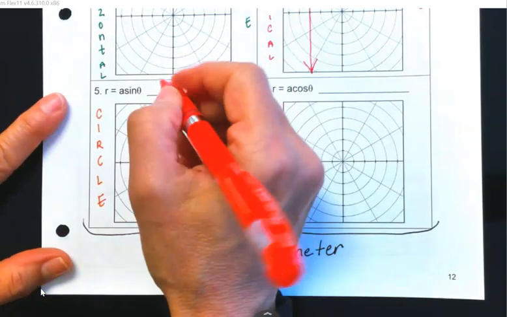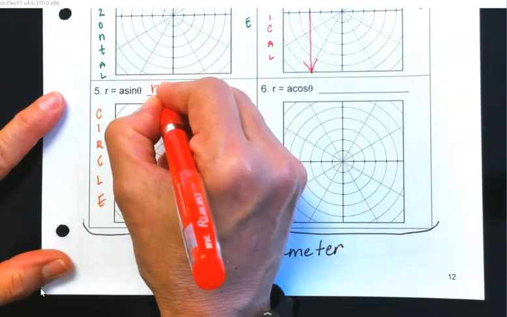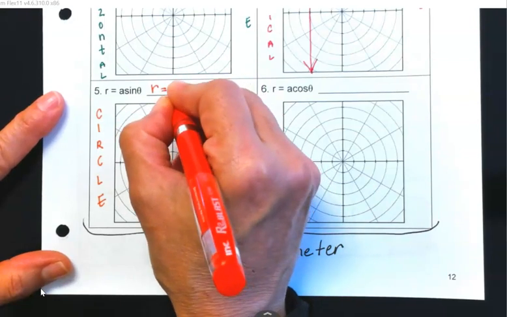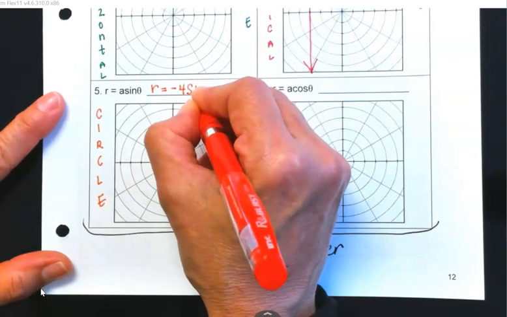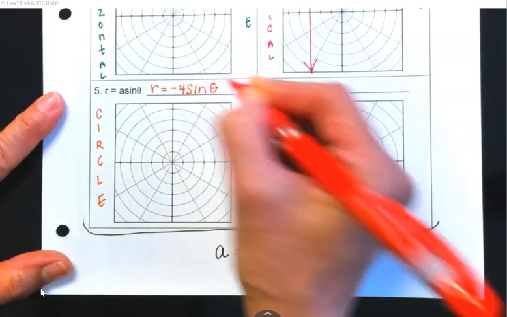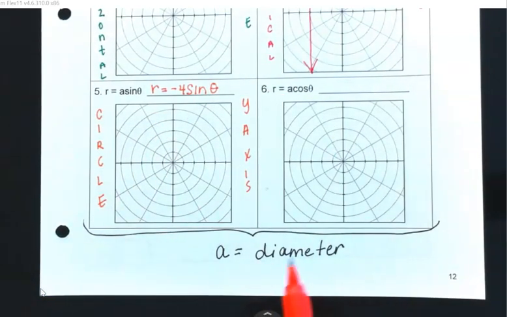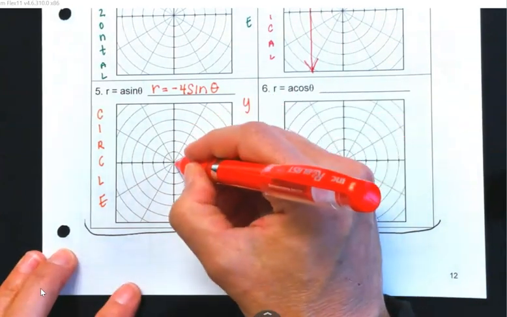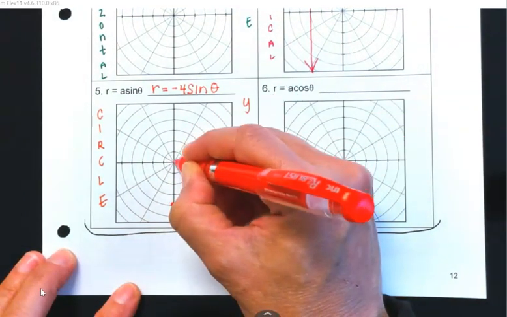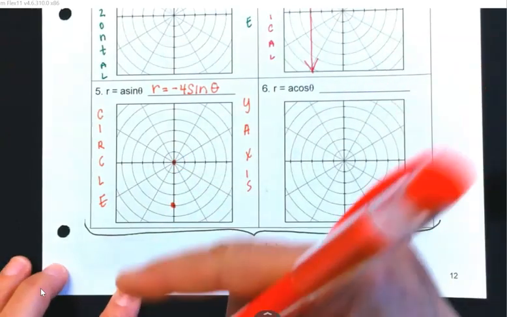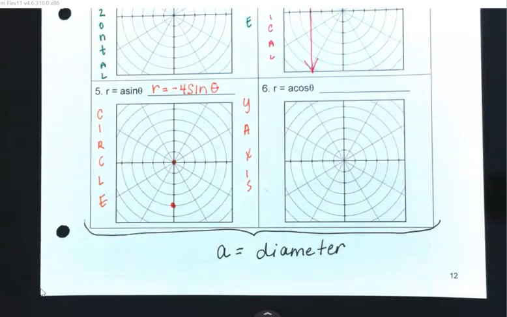So let's have an example. Let's say r equals -4 sine theta. You do start at the pole. We go 4 places down. 1, 2, 3, 4. Draw a dot on the pole, draw a dot 4 places down.